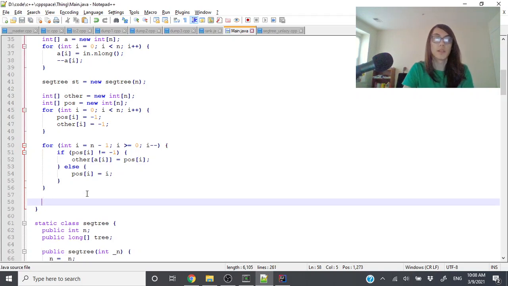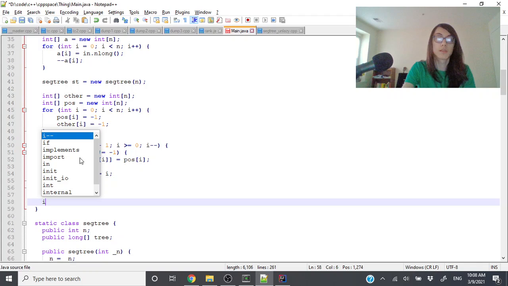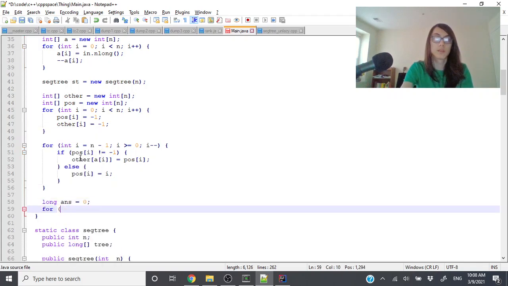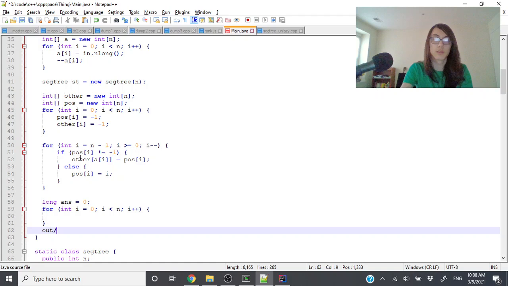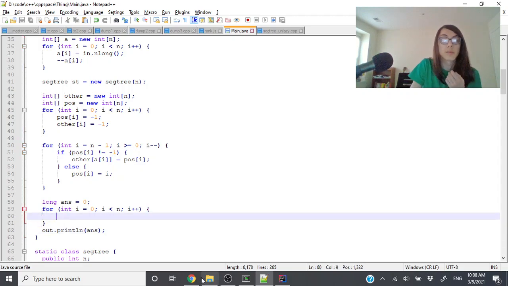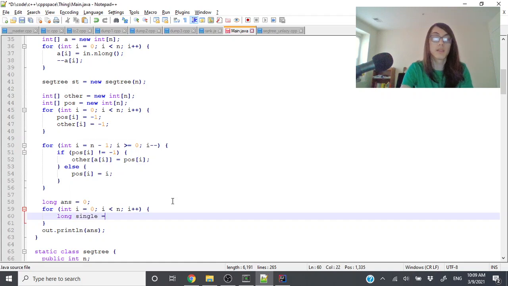Okay, so now we consider this element first. Let's see.